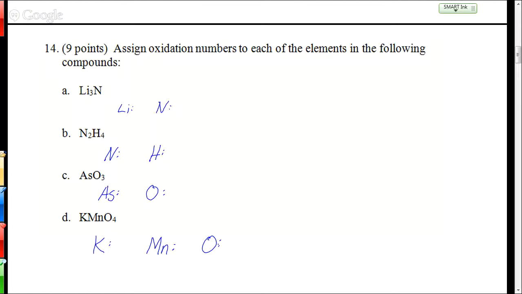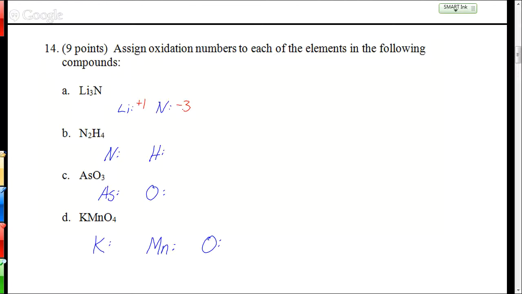So we can be pretty confident that the oxidation state of lithium is +1. And that means nitrogen has to be what? -3. We're a little less confident about nitrogen because nitrogen can change. It's often -3 when it's a solitary ion, but it does have other oxidation states, like in nitrate or nitrite. So we do that one last.